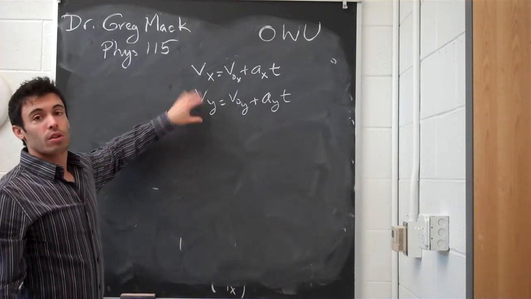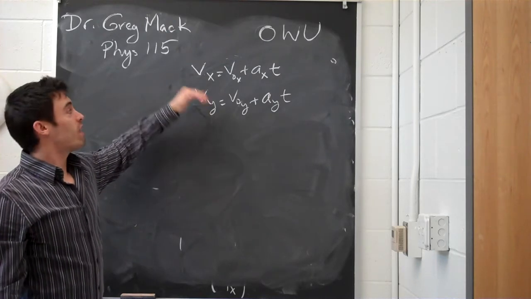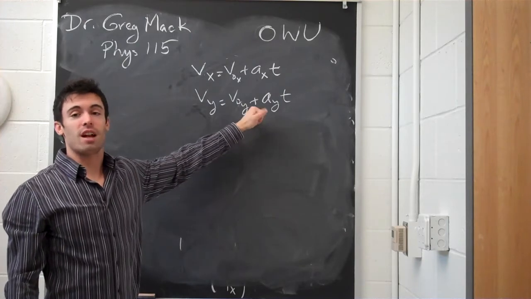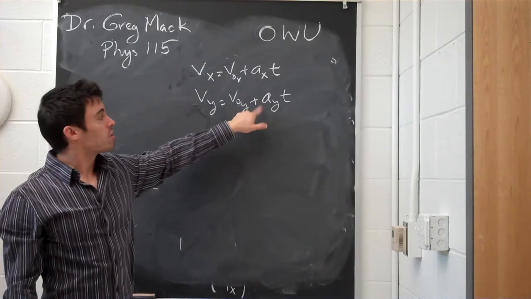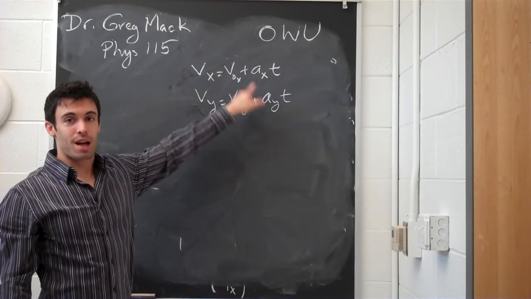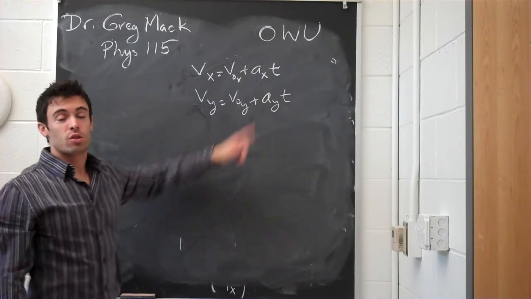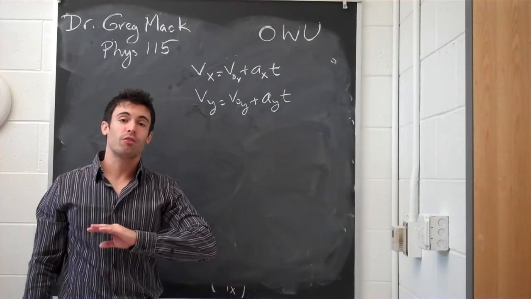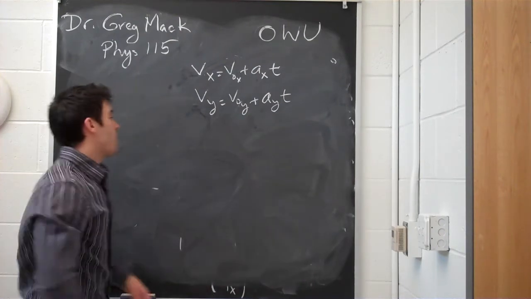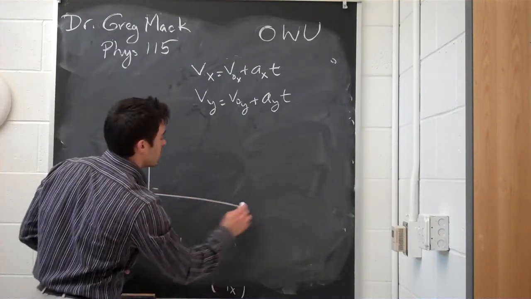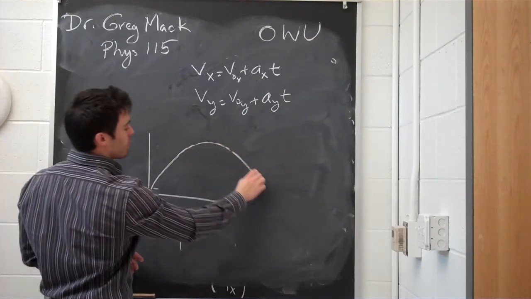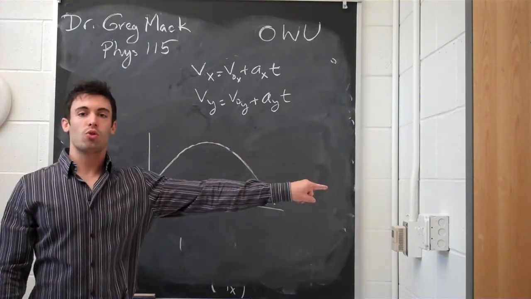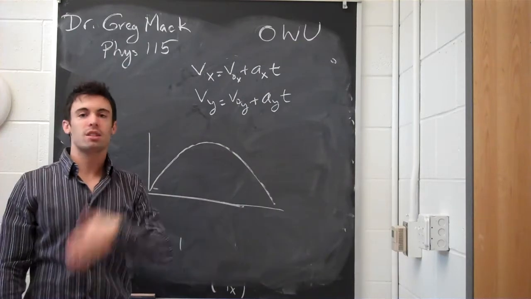These are completely separate. The velocity in y in no way affects the velocity in x. And acceleration in x in no way affects anything that's happening in y. Acceleration in y in no way at all affects what's happening in x. So if you have some object that you're throwing, and you completely forget air resistance, then it will have some kind of parabolic form where the x motion, the horizontal motion, is the same at the end as it was in the beginning.